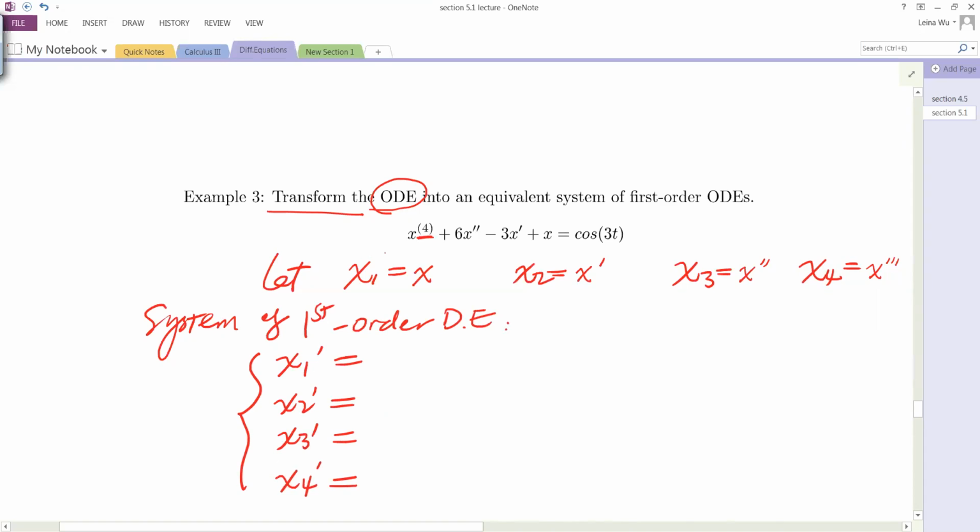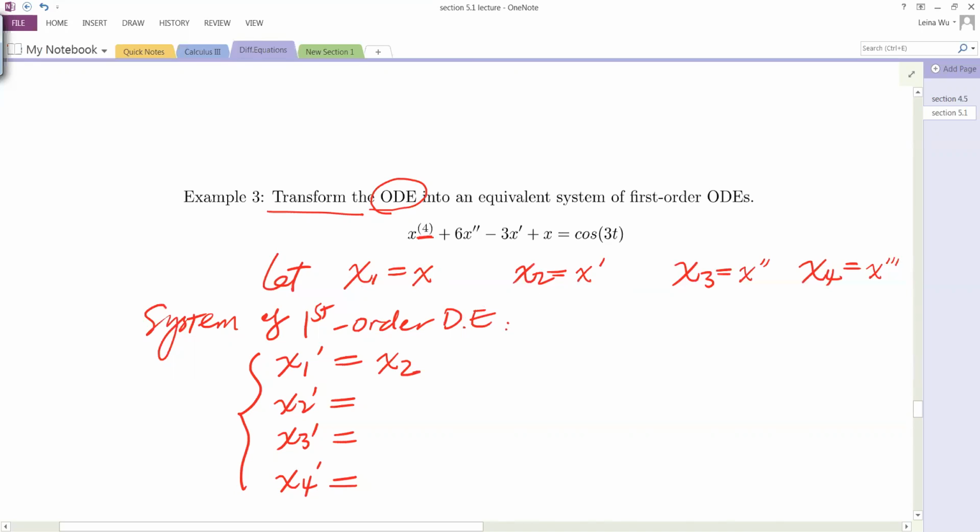What is x1 prime? x1 prime equals x prime, which is just x2.